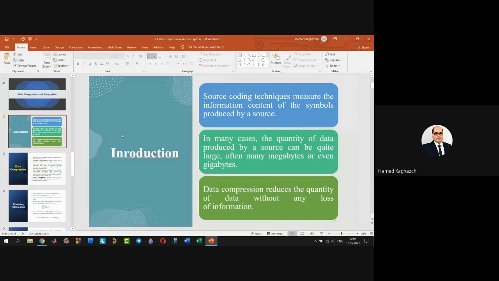Therefore, we can say that data compression methods reduce the quantity of data without any loss of information. This sentence is so important.